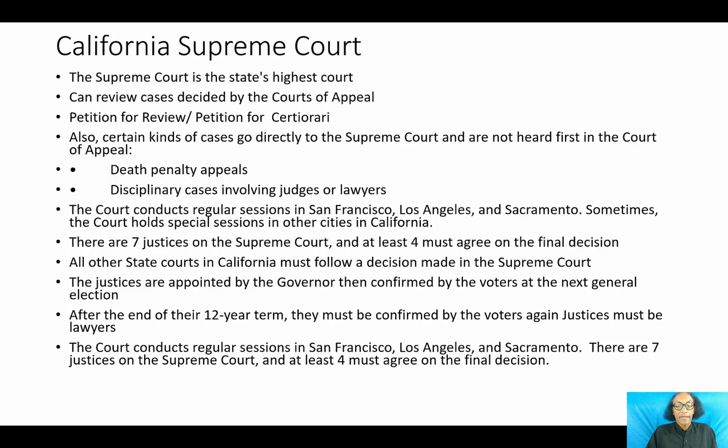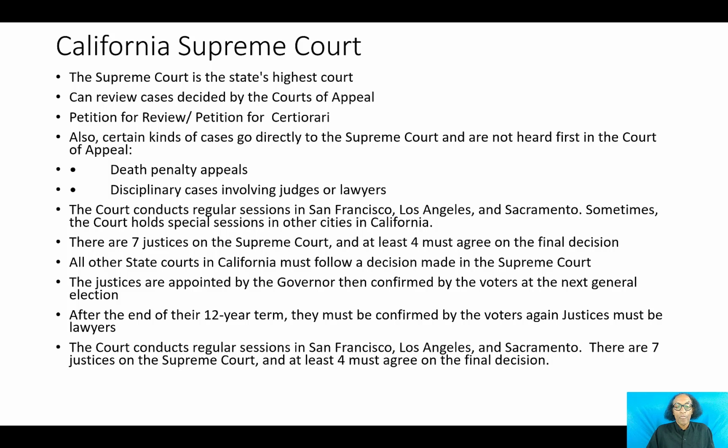So nearly every other kind of appeal must either go through the Court of Appeal and terminate there, or be granted review once the person files a criminal or civil petition for the California Supreme Court to consider the case. The court conducts regular sessions in San Francisco, Los Angeles, and Sacramento, and sometimes they hold special sessions in other cities, but these are the 3 places.